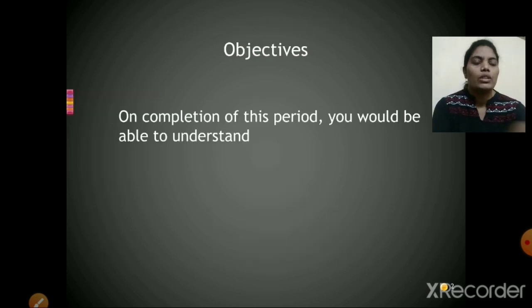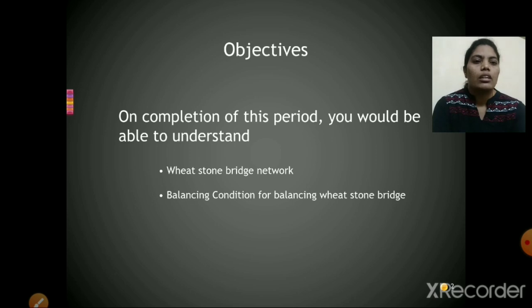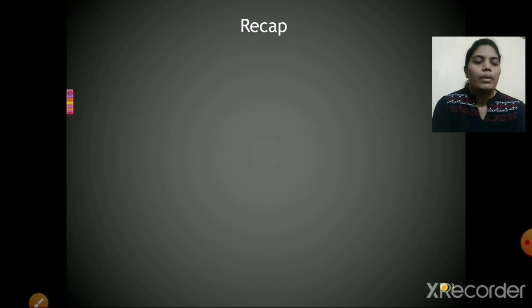The main objective is that on completion of this period, you would be able to understand what is Wheatstone bridge, and we are going to derive the balancing condition for Wheatstone bridge.